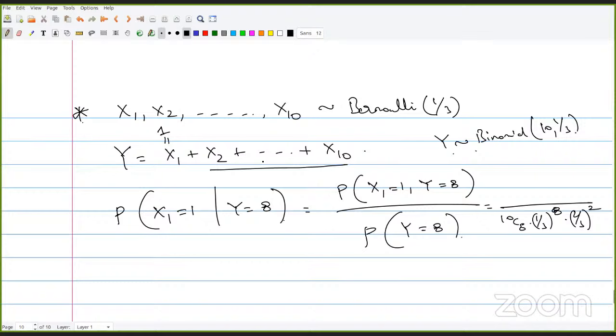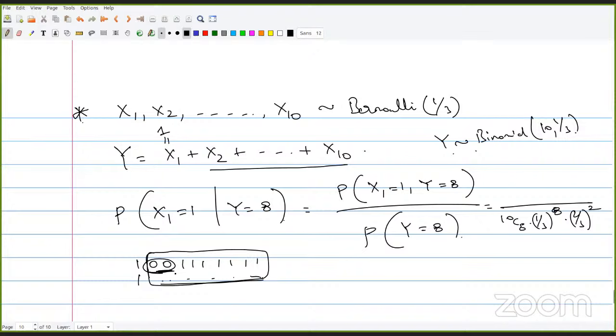So 1, then 2 zeros and all others should be 1. These 2 zeros can be taken by any random variables from X2 to X10. So 10C2, sir? It's not 10C2, it is 9C2, isn't it? So can we write the numerator as 9C7.